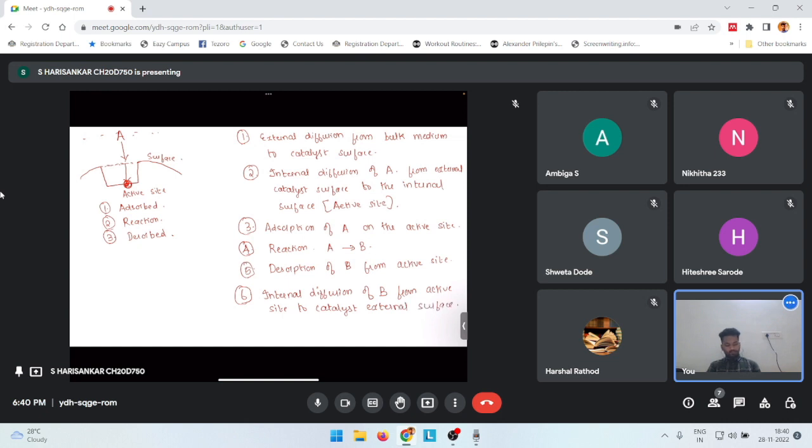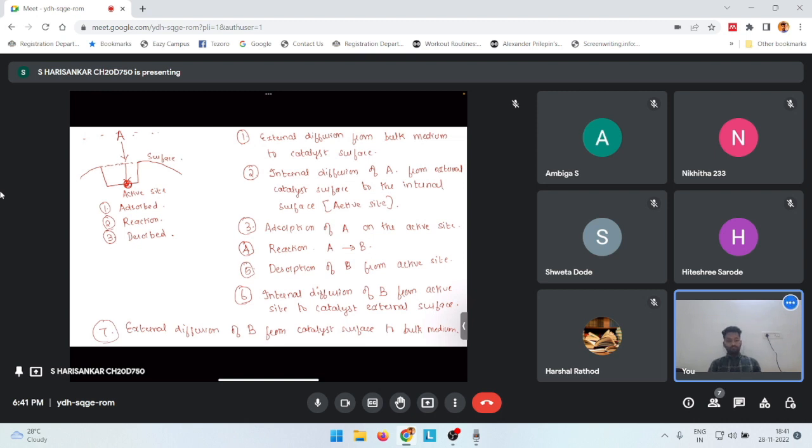And finally, the seventh will be external diffusion of B from the external catalyst surface to the bulk medium. Right. So these are the seven major steps involved in the catalytic reaction.